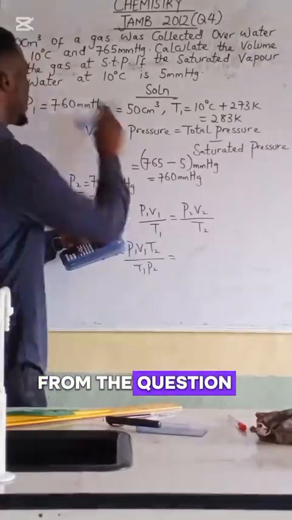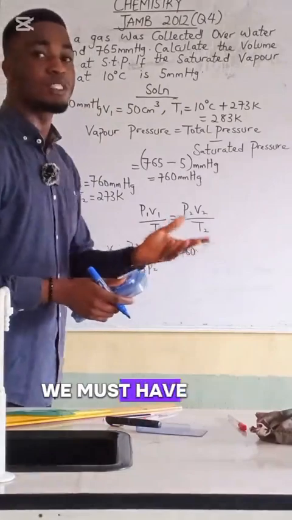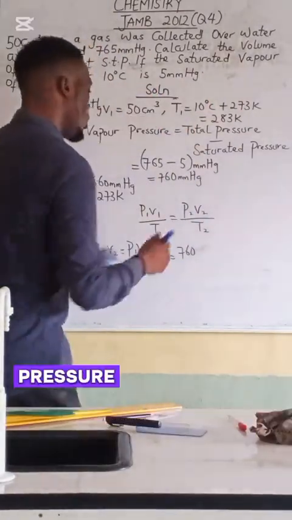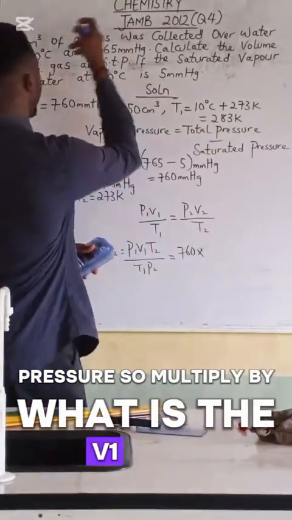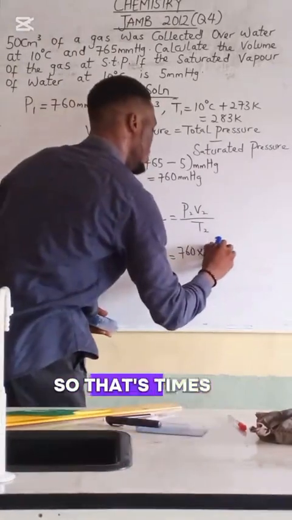P1 from the question is 760, after we subtracted the saturated vapor pressure from the total pressure. Multiply by V1, which is 50.